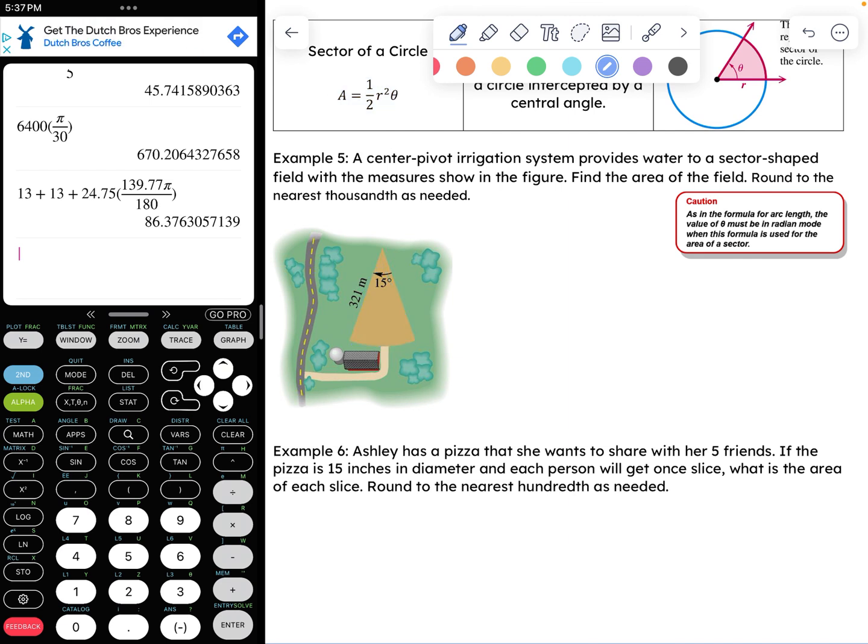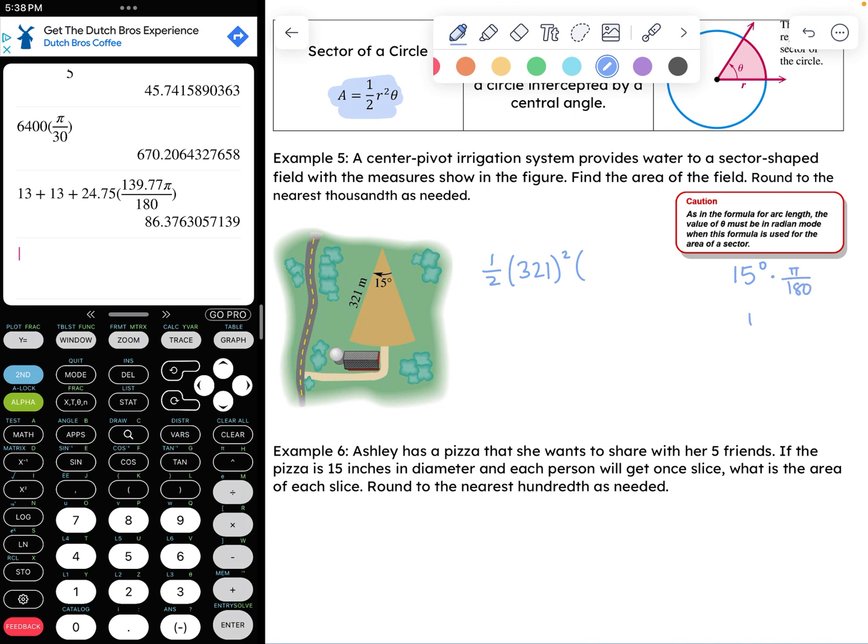And so we are going to do 1/2 times my radius, which is 321 meters squared, times my theta, but my theta is 15 degrees. And just like with my arc length, my sector needs to have my theta in radians. So I got to take that 15 degrees and multiply it by pi over 180.